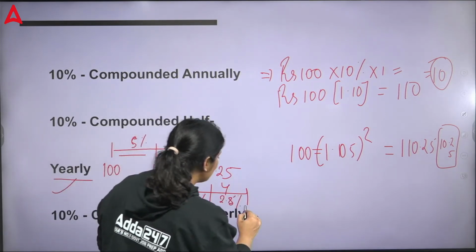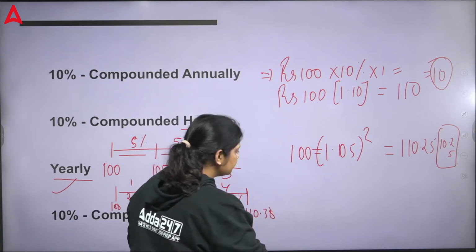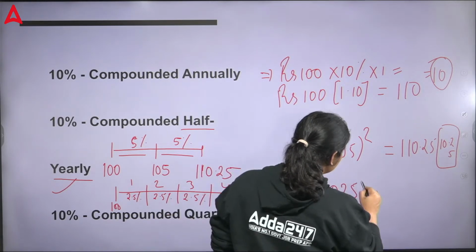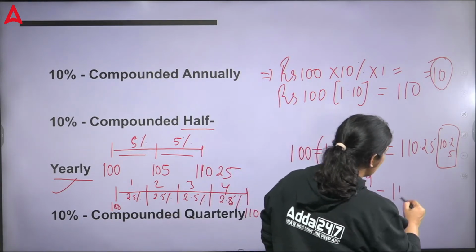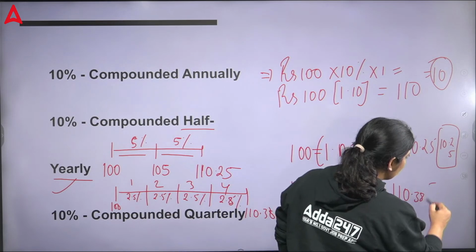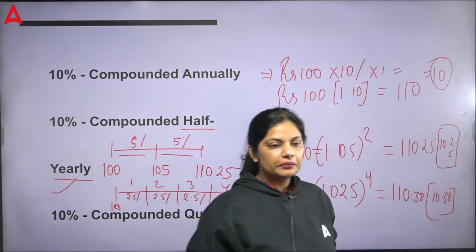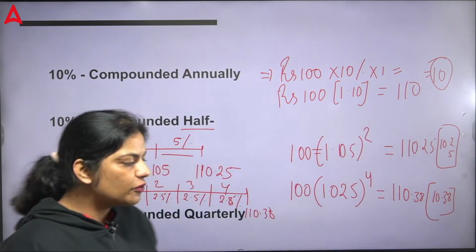So finally, you will be getting 110.38, that is 100 into 1.025 power 4 is equal to 110.38. Effective rate of interest is 10.38%.